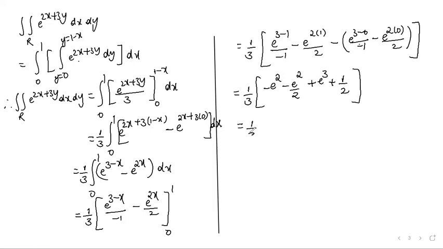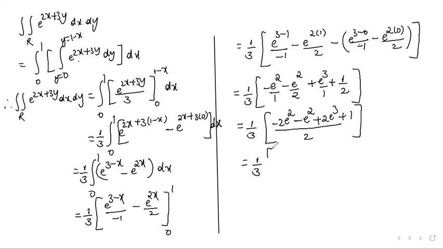That is equal to 1/3 into, taking the LCM as 2: minus 2e^2 minus e^2 plus 2e^3 plus 1, all divided by 2. So that is 1/3 into (2e^3 minus 3e^2 plus 1) divided by 2.